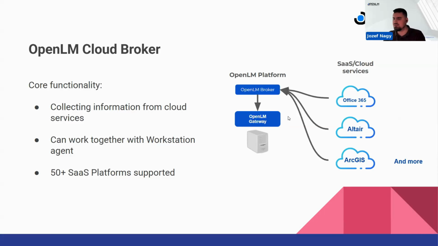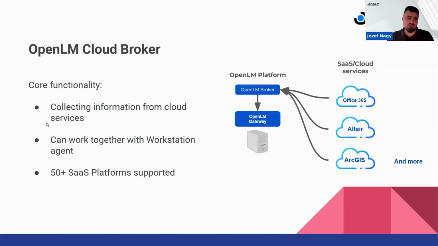Cloud Broker is running as a service under the OpenLM platform, and in the Cloud Broker, you can set up monitoring of SaaS services, for example, Office 365, Altair, and so on. So Cloud Broker is basically getting information from these applications' web UIs or APIs, depending on what they provide and what we can connect to. And you can get various information from these applications, from the usage to entitlements and so on.